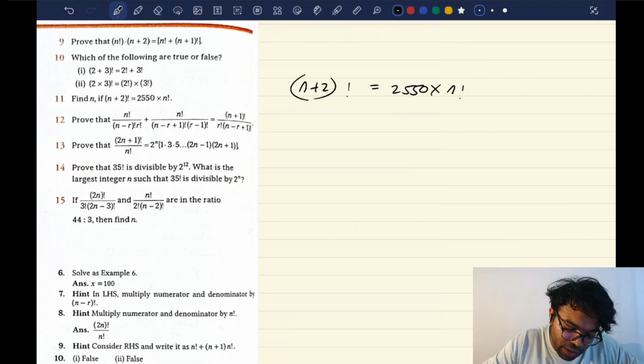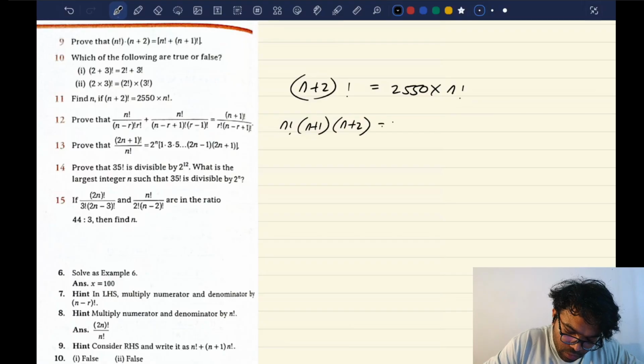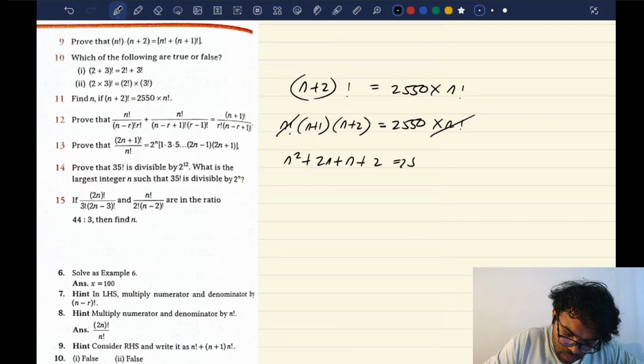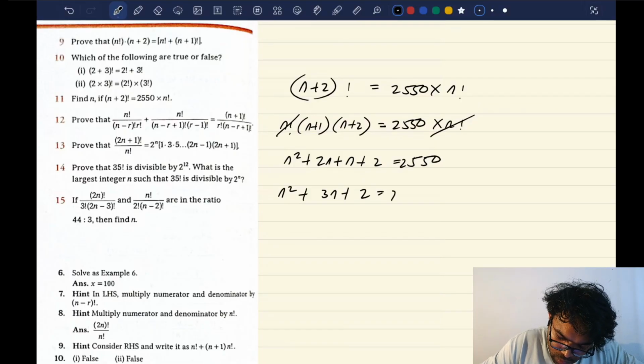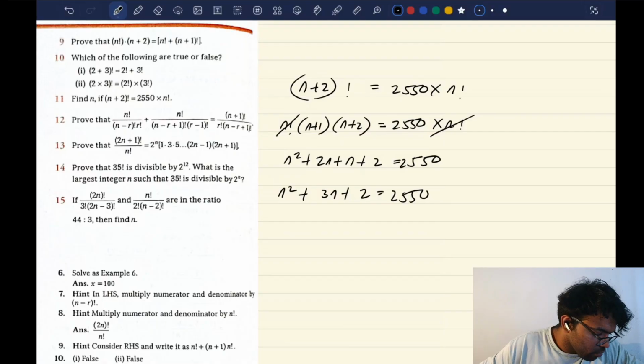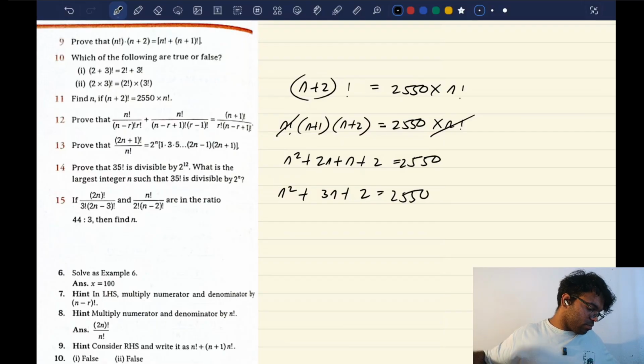This is easy. Find the value of n, Drupad. Solve it.